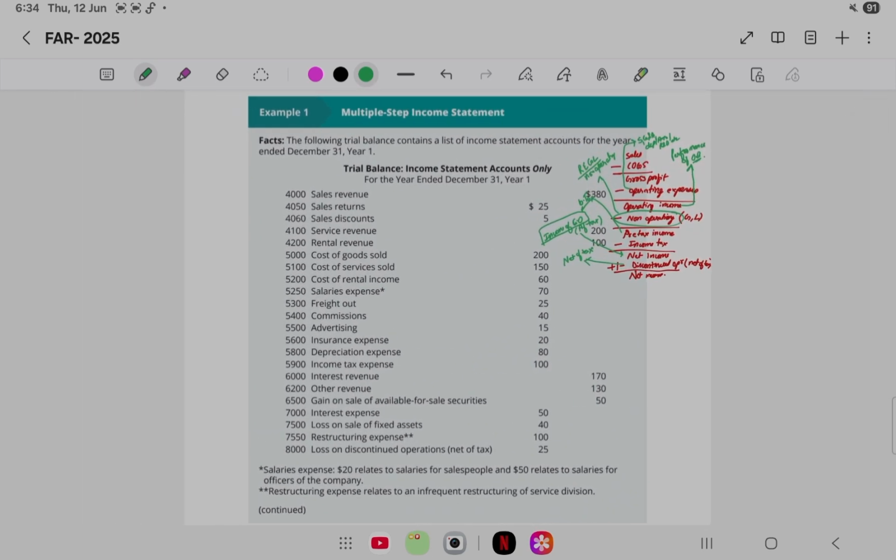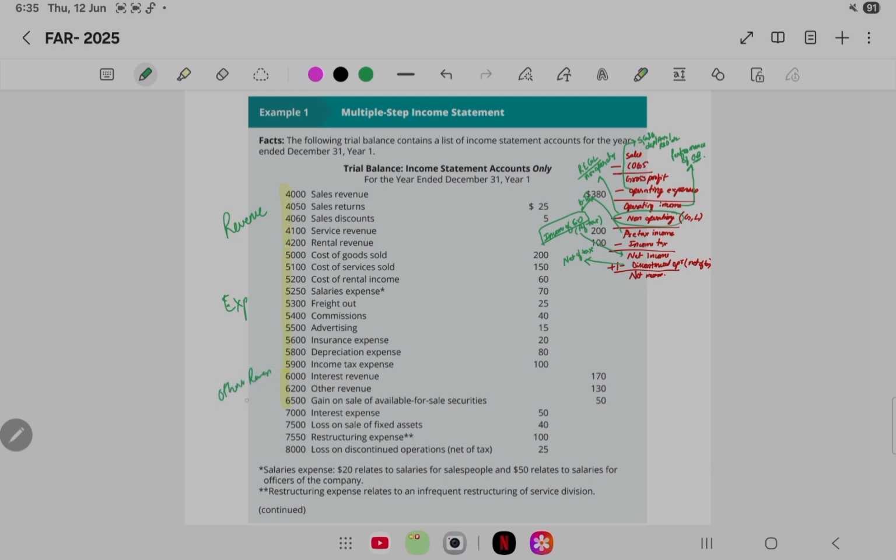Before that, I need to make you understand that in CPA, for all the items there are given some universal codes. Four thousands are for the revenues, 5,000 are for the expenses, 6,000 are for the other revenue.